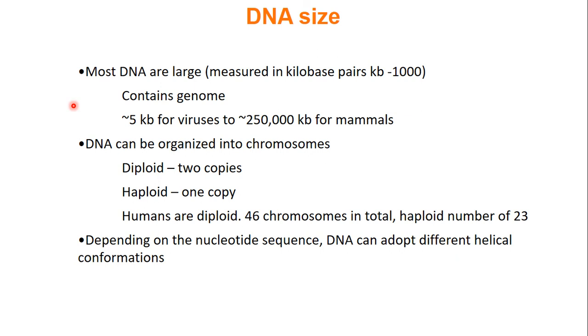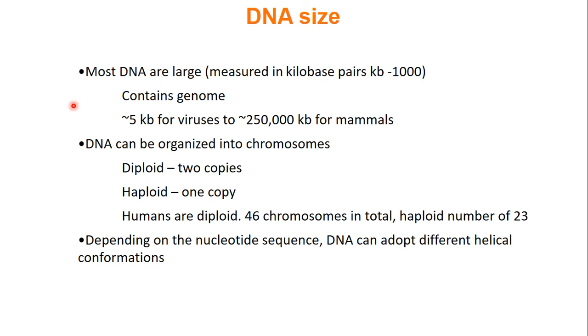In mammals, one chromosome can be 250,000 kilobase pairs. One thing to keep in mind, though: the amount of DNA does not necessarily correlate to complexity of organism. There are plants that have much more DNA than us, but we are probably more complex.